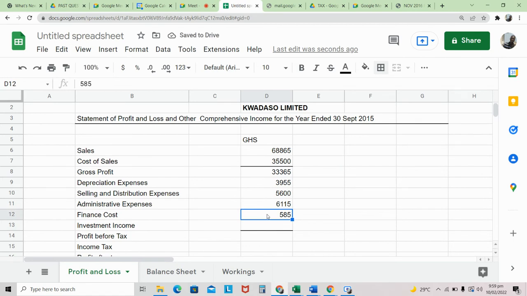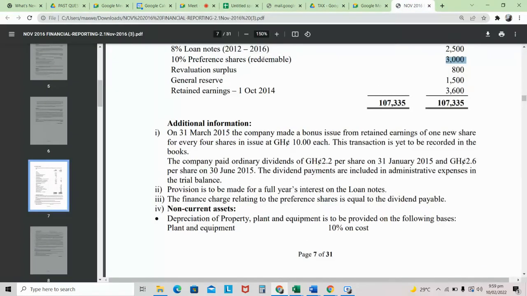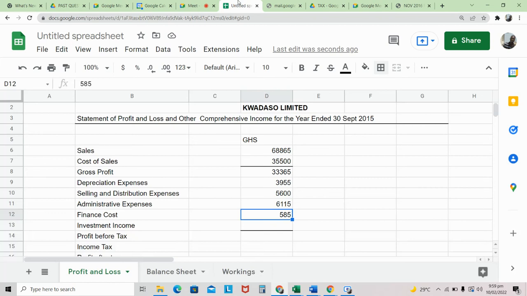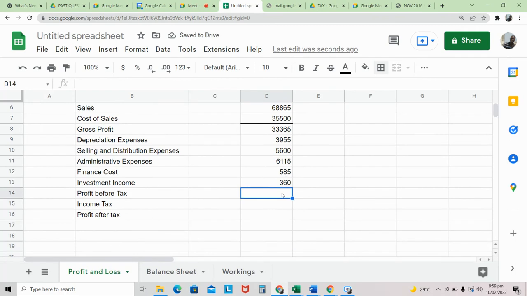Then okay, investment income, we can easily get it here. The investment income is here. They give us the figure, so we don't have to stress ourselves. Just 360.